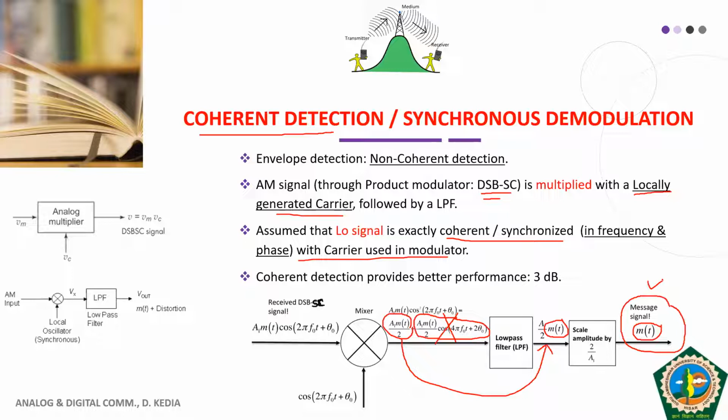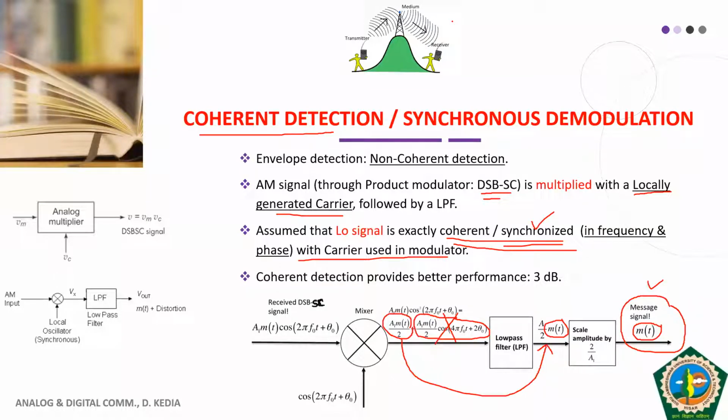But coherent detection is more complex than non-coherent envelope detection. The complexity may not be visible in the mathematics or the block diagram, but the real complexity lies in the local oscillator signal having to be synchronized with the transmitter signal. This synchronization is very tough, because of which coherent detection is costly and complex. I hope all of you have understood this.